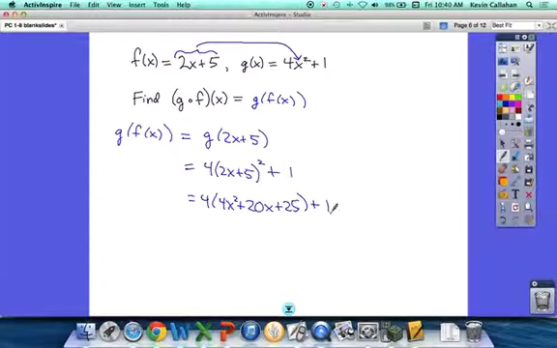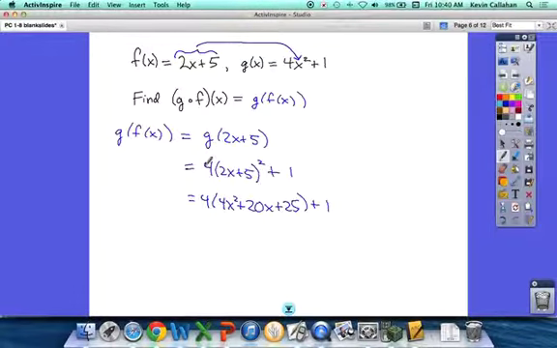Just FOIL 2x plus 5, yeah. Why did you not put 4x? What do you mean? This is like the x, 4x squared. In place of the x, I put 2x plus 5. So that's 4 times this thing squared plus 1. You see? It's there.